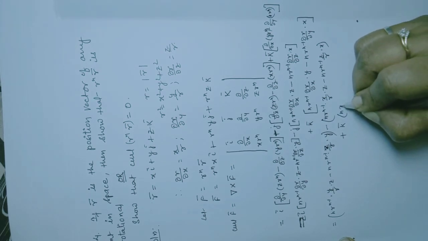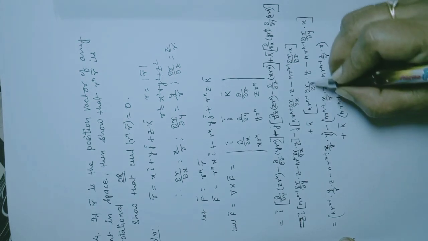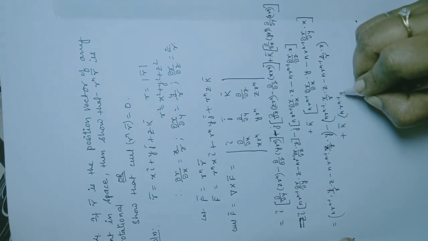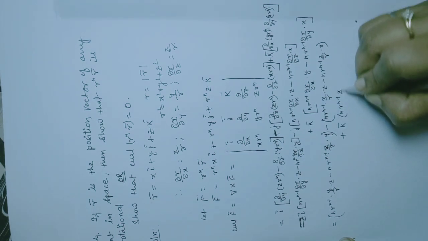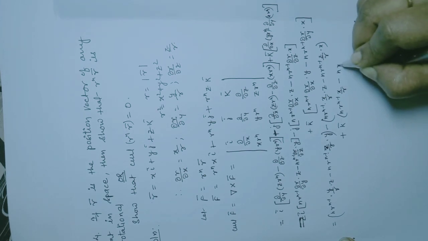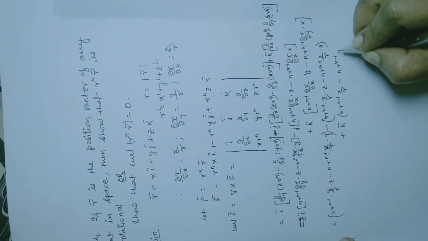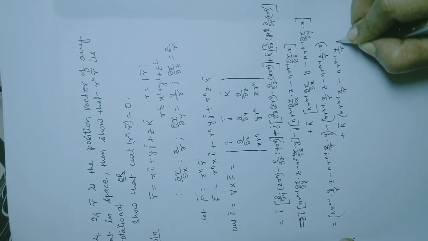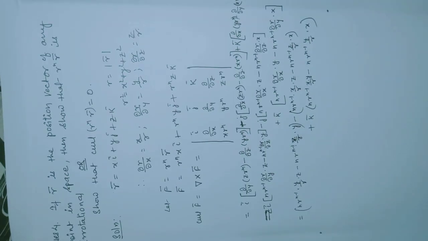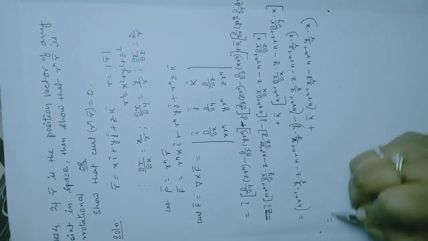Then the third term becomes n r to the power n minus 1 del r by del x, which means x by r, minus n r to the power n minus 1 del r by del y, which means y by r into x. Right?